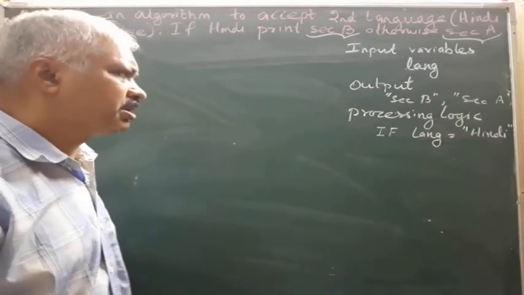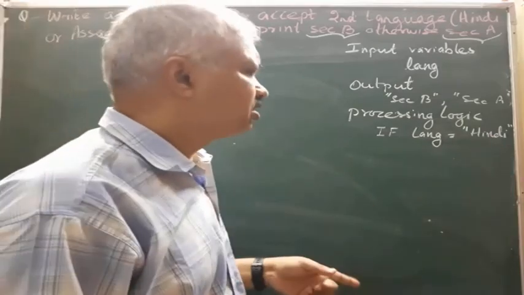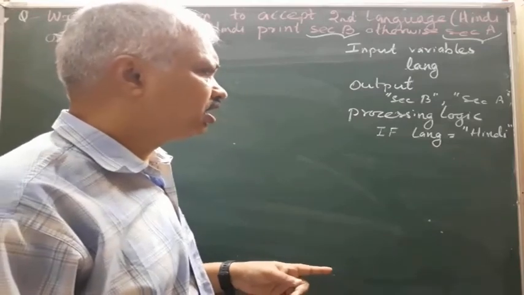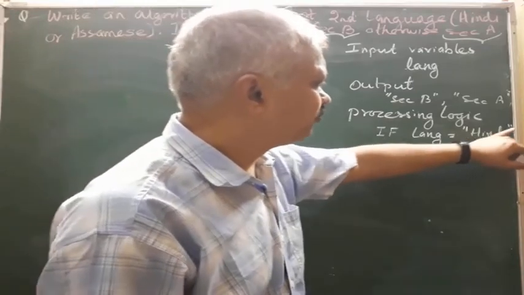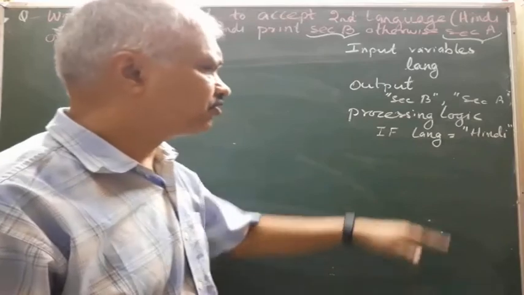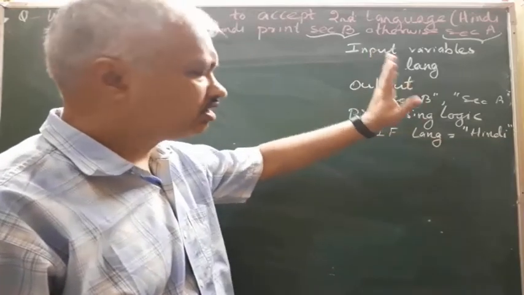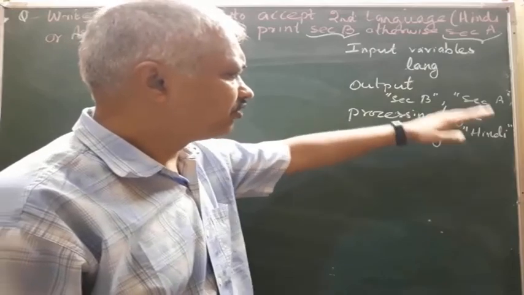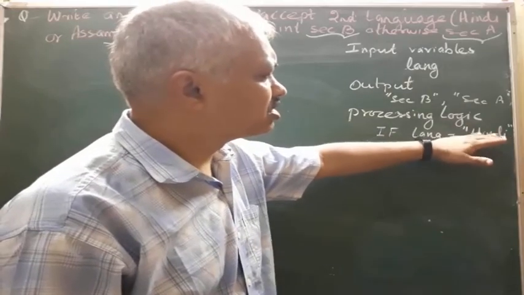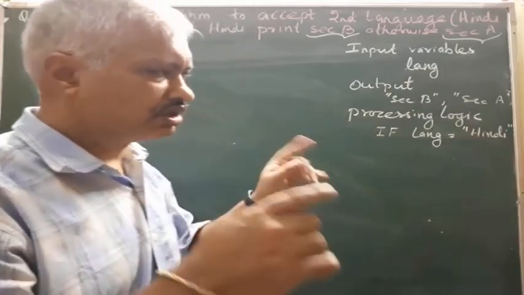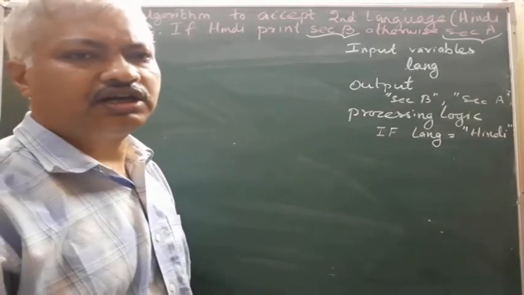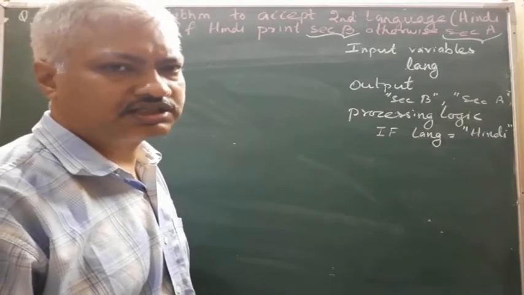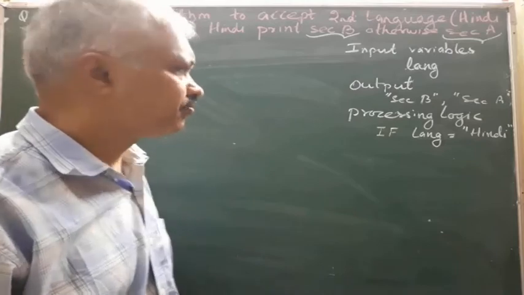In computer, whenever it is not a number, we put it within double quotes. Of course, you will see later on how to define, initialize and declare the variable, but for the time being we will use this notation to show that this is a character or a word or a sentence, in short a string.